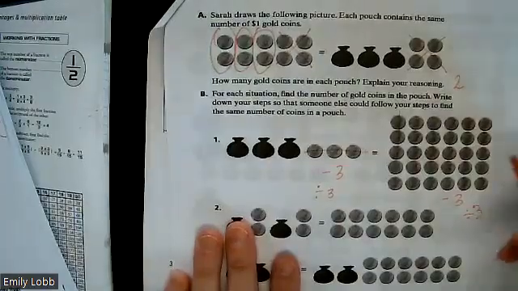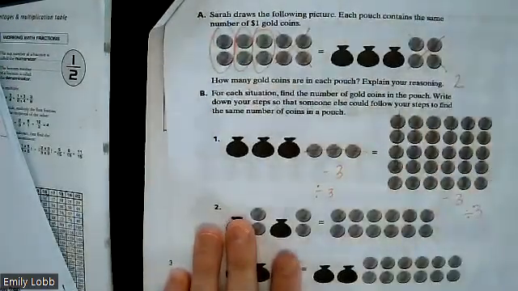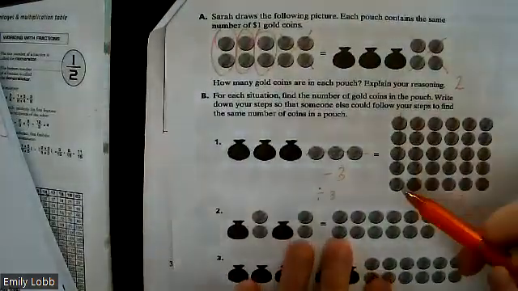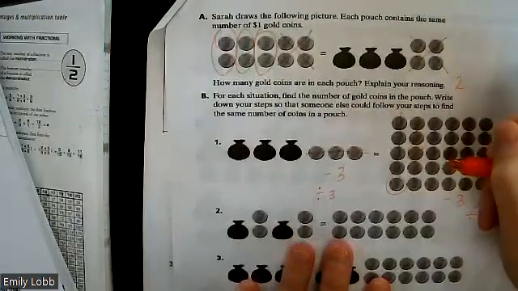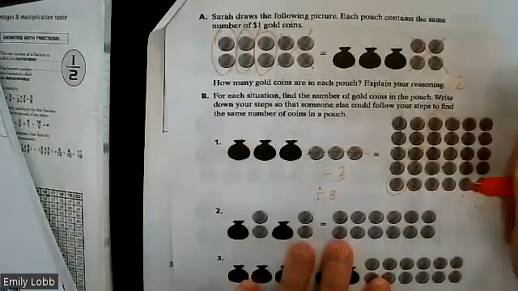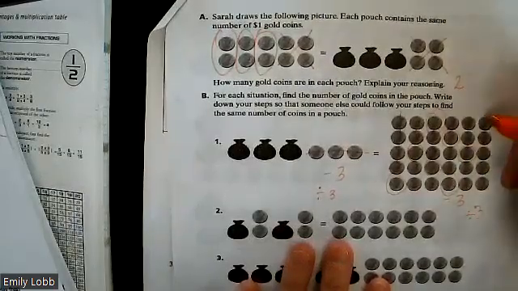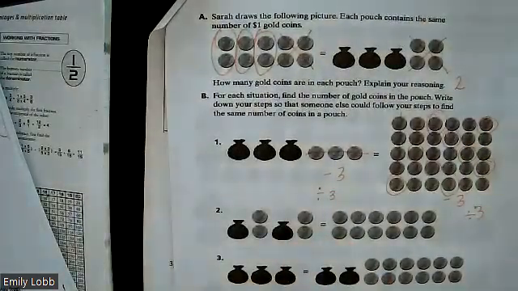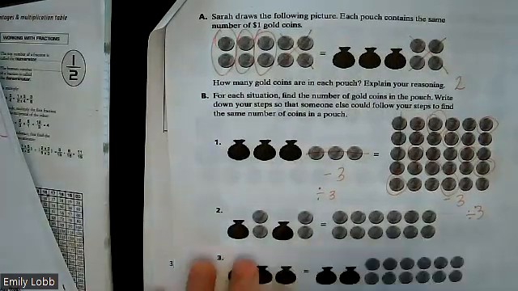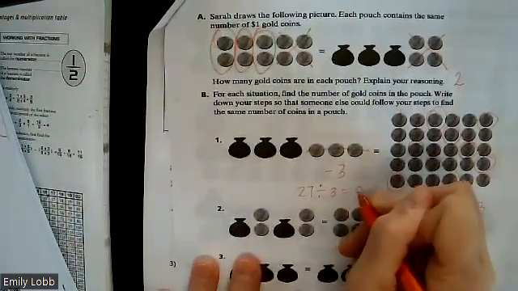Oh, why? Look at what I did. I didn't count this one. Here's 3. So how many ones were there? There's 1, 2, 3, 4, 5, 6, 7, 8, and 9. So 27 divided by 3 is equal to 9.